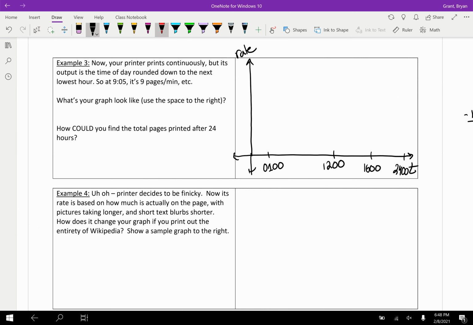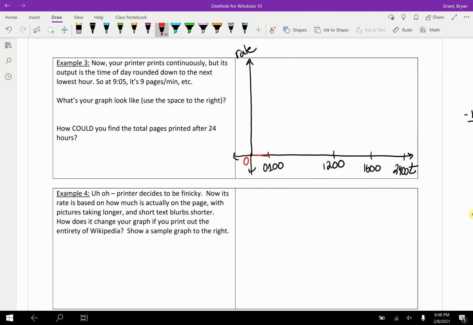Well, from 0 just up until 1, so from 0 up to, let's say, 59 minutes into the day, it rounds down to the nearest hour. So that means if we round down to the nearest hour here is 0. So from 0 to 100, it is printing at a rate of 0.